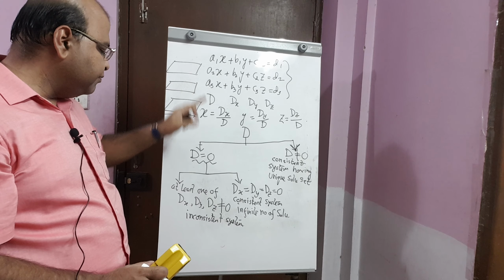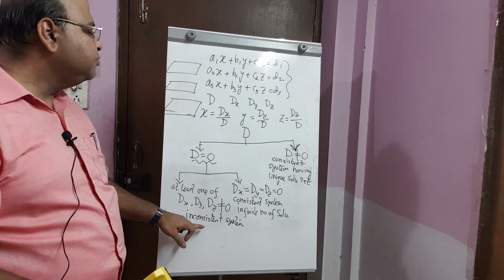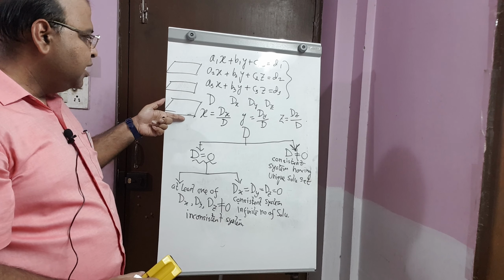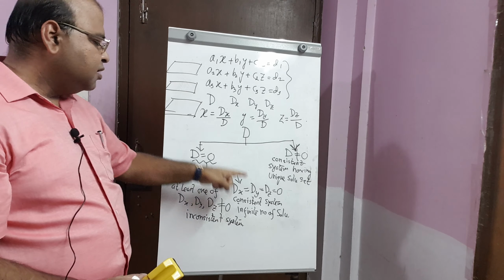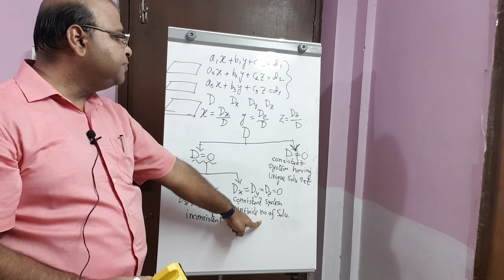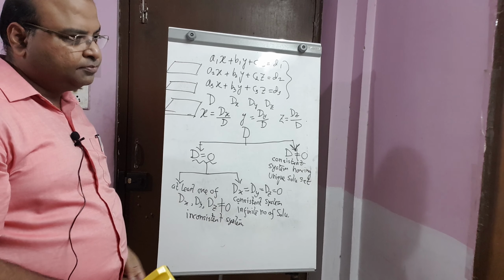A linear system possessing no solution means we have three parallel planes having no point in common, and a linear system having infinite number of solutions represents three planes coinciding with each other.